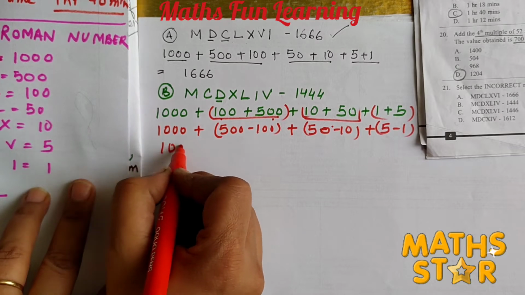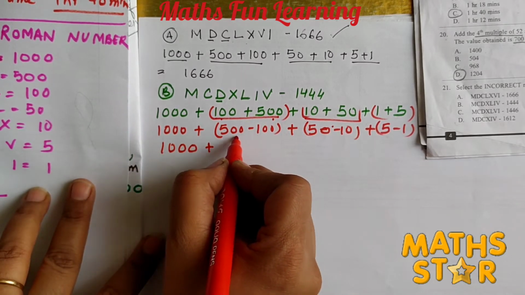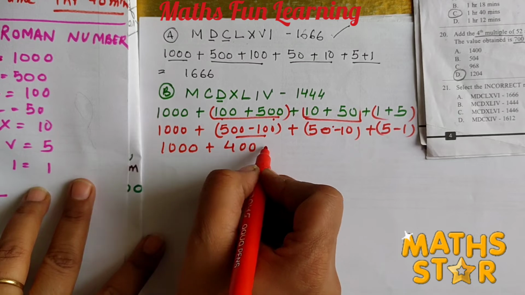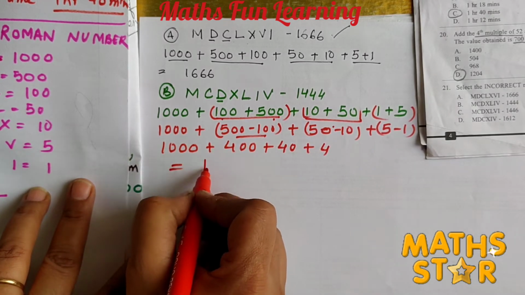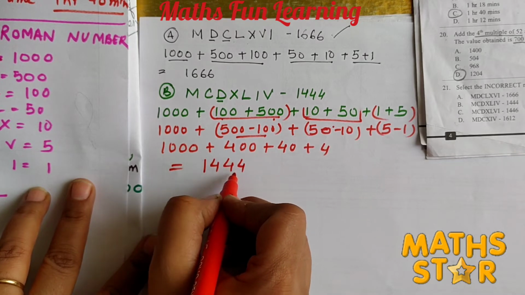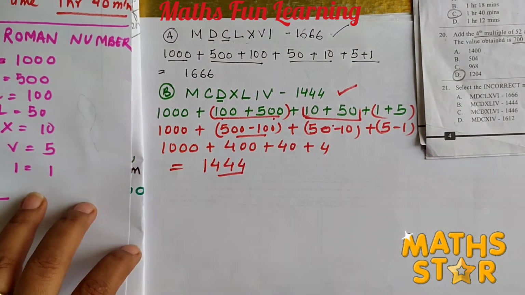The number is 1000 plus 400 plus 40 plus 4, so 1444 is correct.